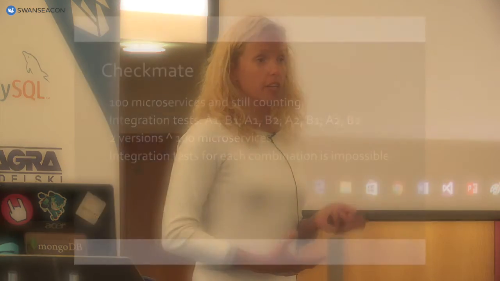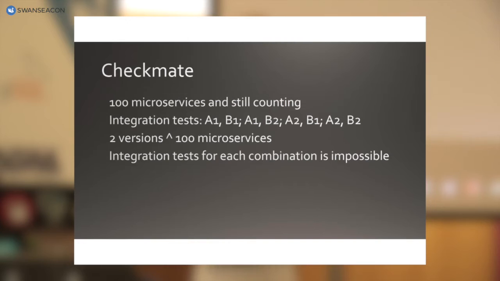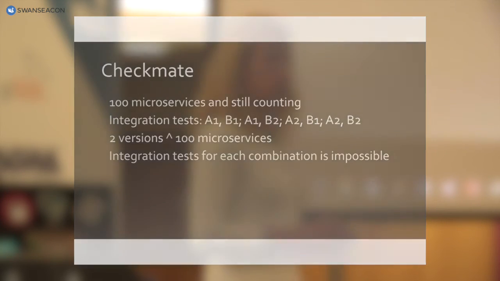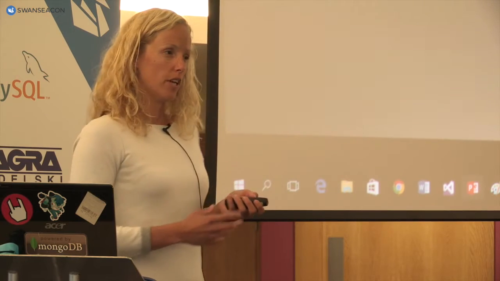And we are in a checkmate position, because we now have more than 100 microservices. We are still counting. If every time a microservice gets a commit, we test and want to check it with all the other combinations that are out there. So every microservice, for instance, has one commit. Then there are 2 versions of each microservice.